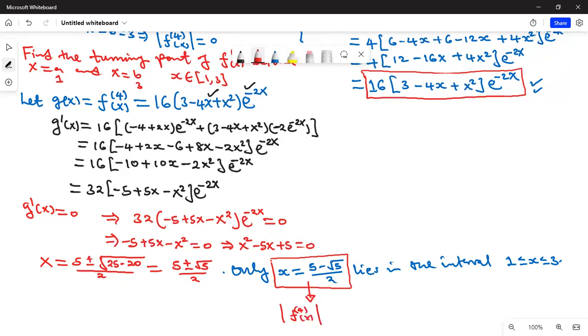Look at our function. We replace it here, the one that I have ticked in red. Where there is x, we are going to put 5 minus root 5 over 2, and then you press that into your calculator.